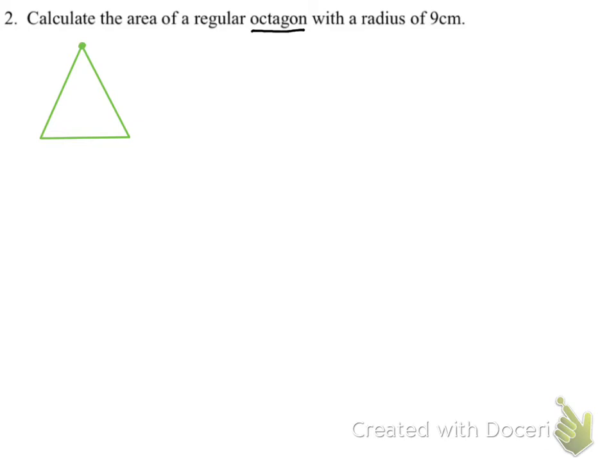So my 2 green dots. This represents the center, and this represents a corner or a vertex. The radius is always identified as from the center to the vertex.